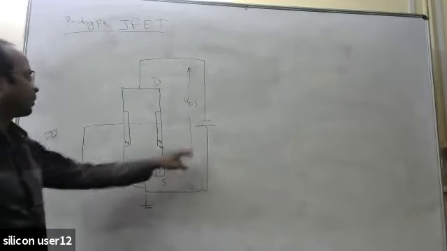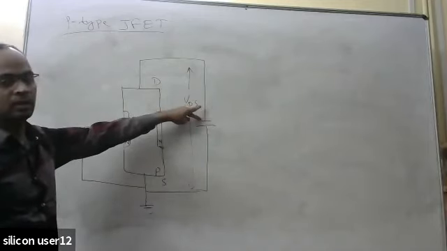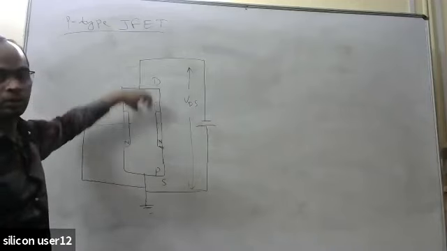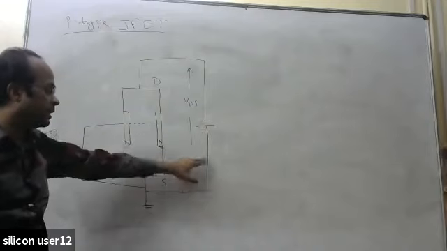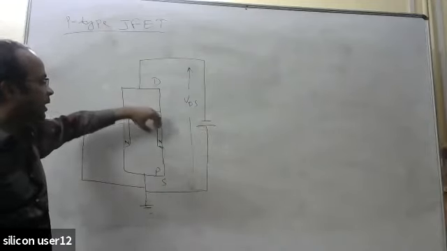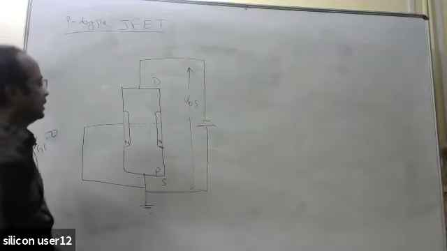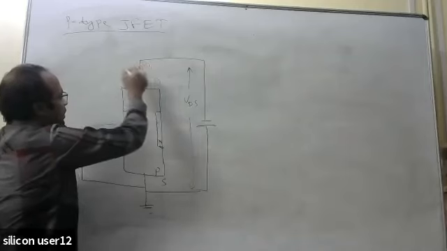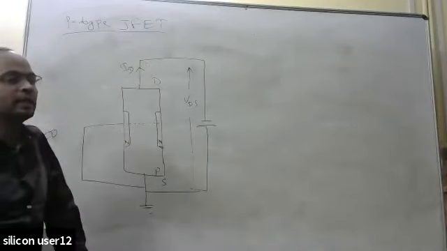Since you are applying negative voltage, this negative terminal, which is at lower potential, will try to attract the holes. From this positive side, holes will be attracted, which means electrons will go here. So it is attracting holes, and the current direction will be like this, or it is the same thing.